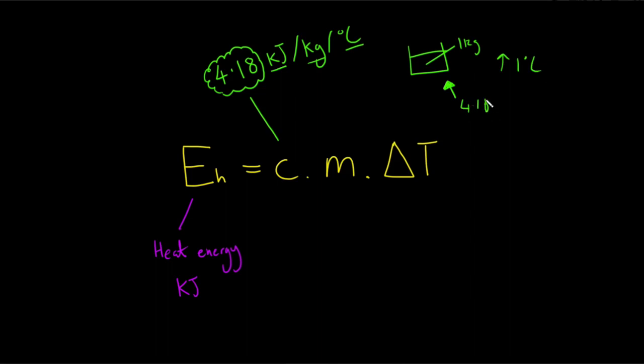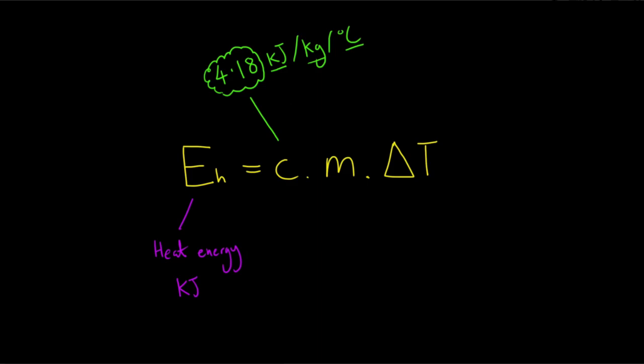Well, the answer to that is 4.18 kilojoules. That's what the specific heat capacity of water means. It's the amount of energy required to raise temperature of a kilogram of water by 1 degree. Now, as I said, that's not really too relevant for us at this point. We are more concerned with the fact that the number C is 4.18.